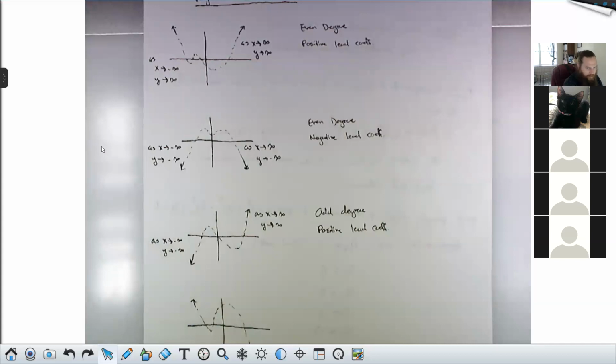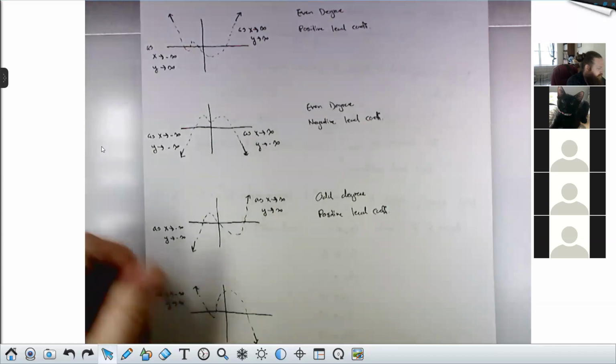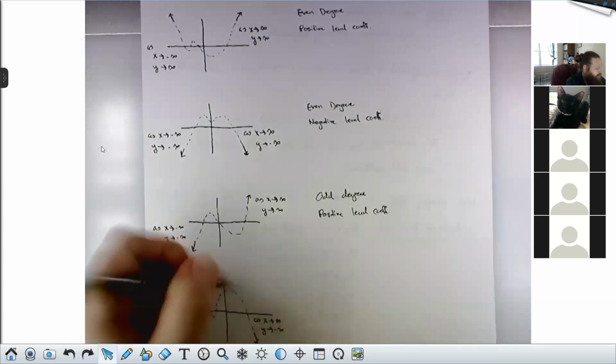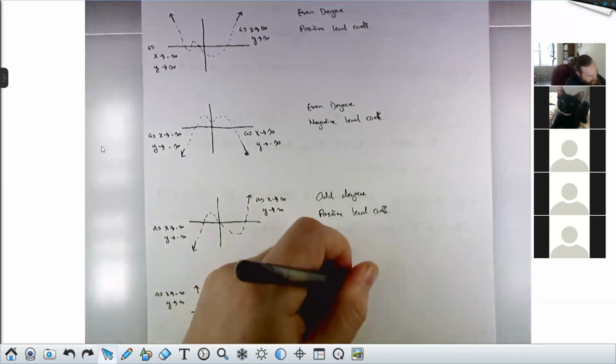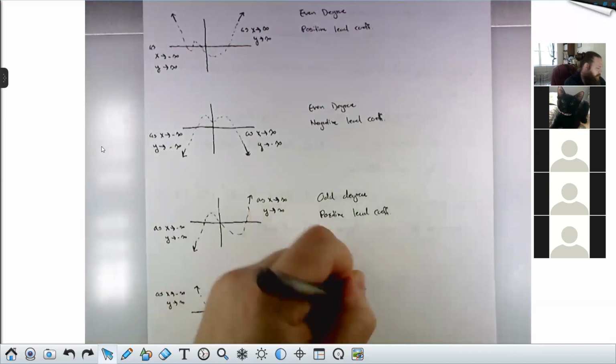You can think like x cubed. And then the very last guy here, this would be as x goes to negative infinity, y goes to positive infinity, and as x goes to positive infinity, y goes to negative infinity. This is an odd degree and negative lead coefficient.